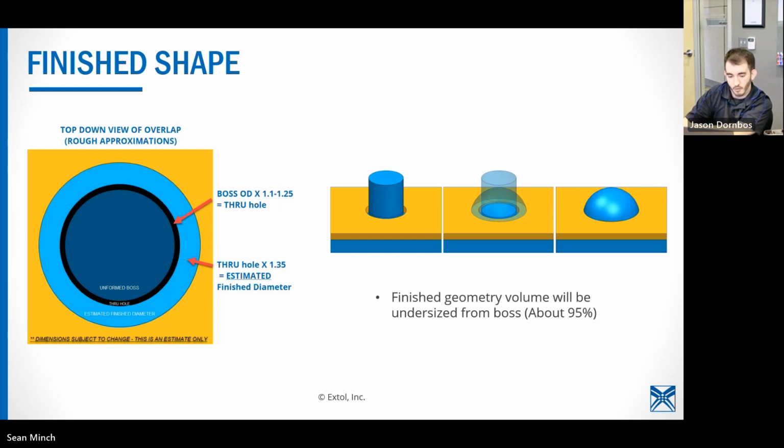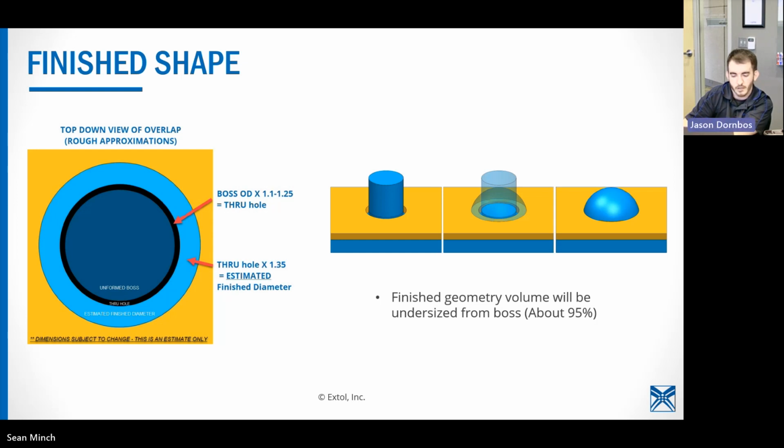Your overlap, so your finished shape, will be about 35% larger than the resulting through hole size. So that's again a pretty rough estimate. There are dependencies on volume and maybe tilting that could be taken into consideration. But the result will be these two situations on the right.